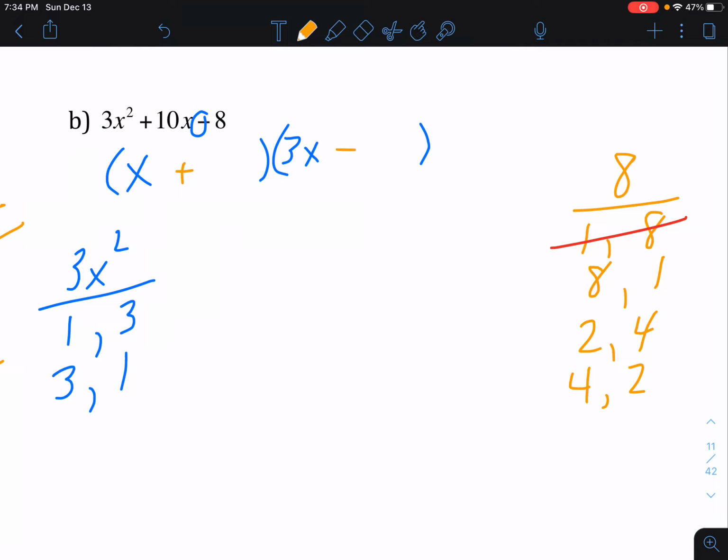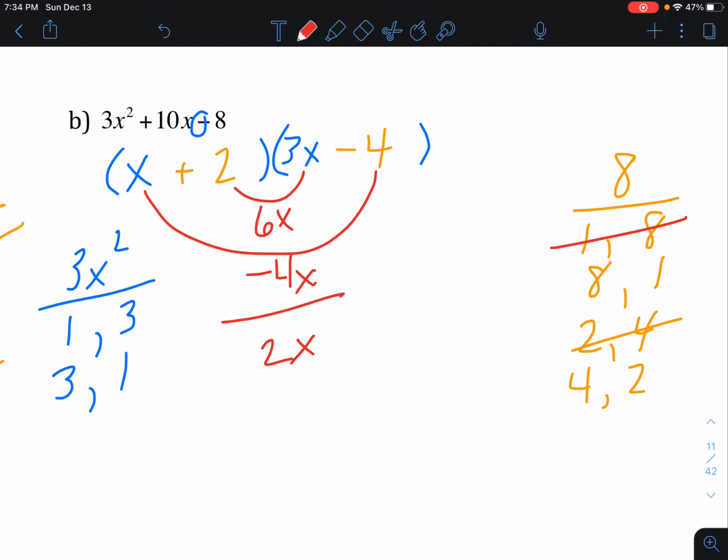So you could go to any one. You don't have to go in a particular order. Let's go like 2, 4. Let's see 2, 4. So then we'll FOIL those out. So outside, and then inside, they add up to 2x, so that's not good. It needs to add up to 10.